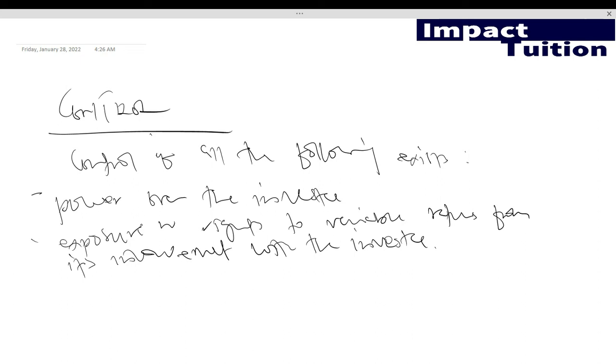Then the ability of the parent to use the power over the investee to affect the amount of its returns.